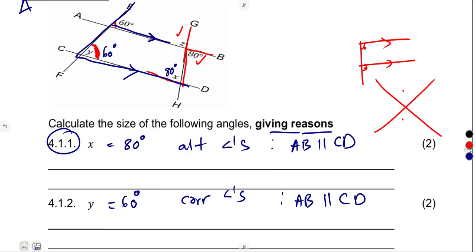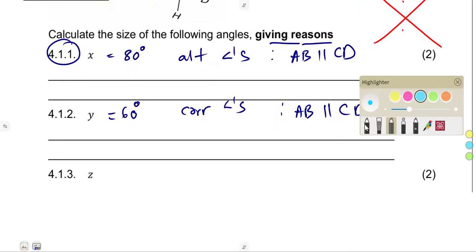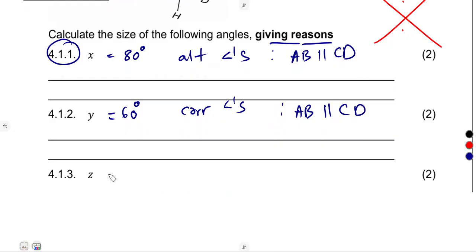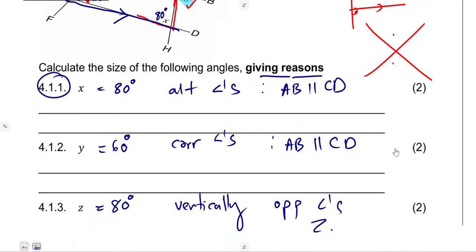They are vertically opposite angles. So you can simply use that one, whatever case, as long as the statement is okay. All right, so z is equal to 80 degrees from vertically opposite angles, since we have got two straight lines that are intersecting.